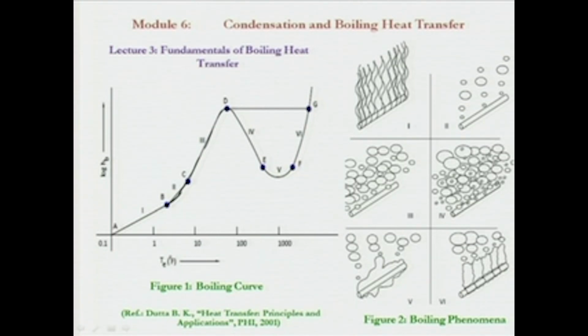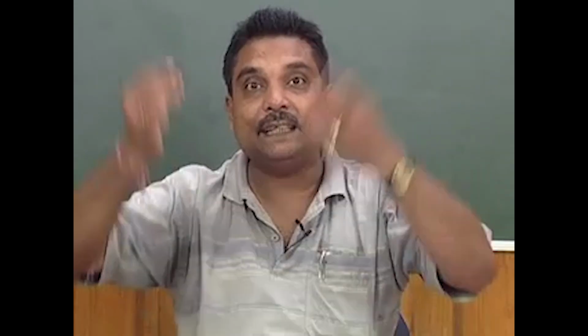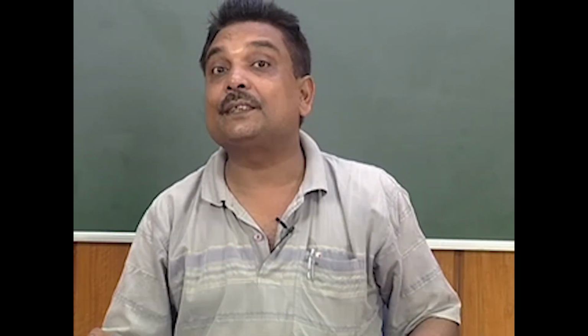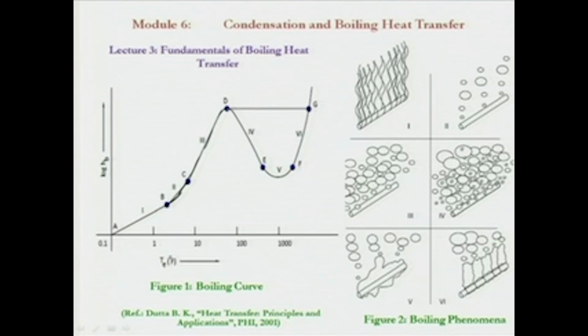Initially, the heat transfer coefficient increases not that sharply, and later, in region 3, when vigorous boiling is taking place, lots of bubbles are formed and carry the energy to the top, and therefore they increase the heat transfer coefficient, and the rate of heat transfer is also increased like anything. So, this nucleate boiling region is of most importance for industrial applications, because here the heat transfer rate and heat transfer coefficient are very high.